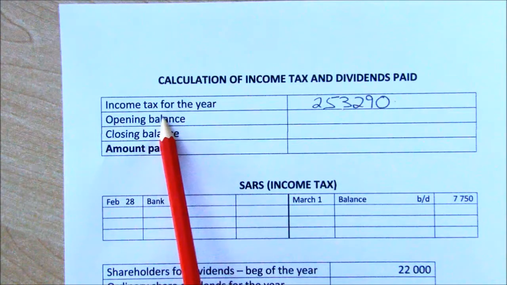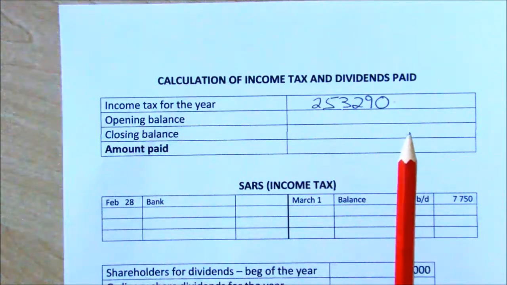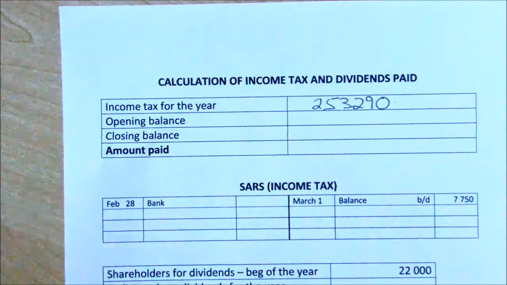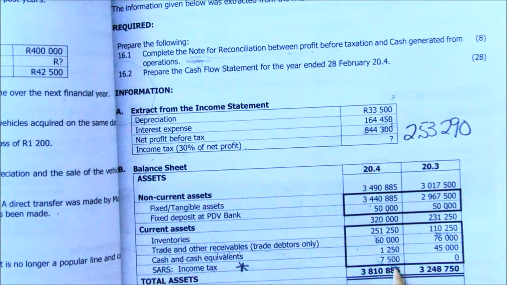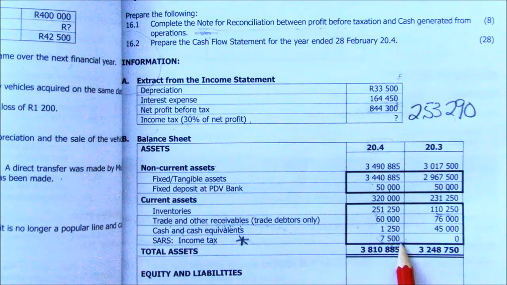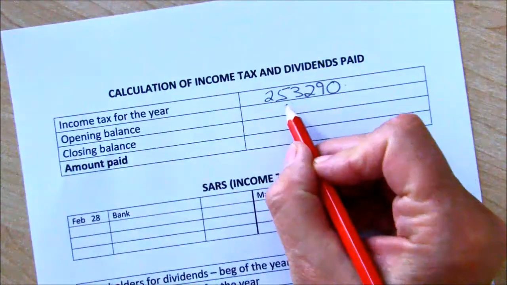So your income tax, the expense for the year, was 25320. We are told that at the end of the year, remember under the 20.4, just looking back here, we had overpaid SARS by 7,500. It's a current asset, so I know I've overpaid. So that means that I have actually paid more than this.